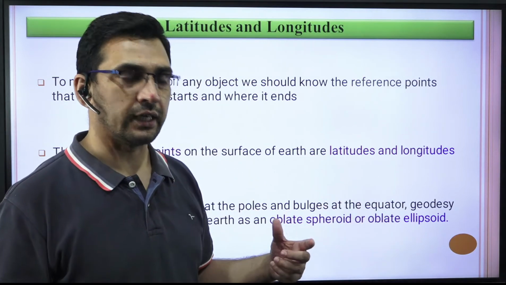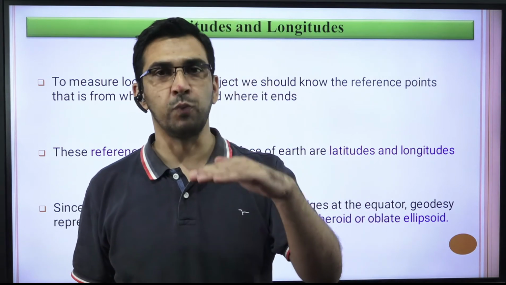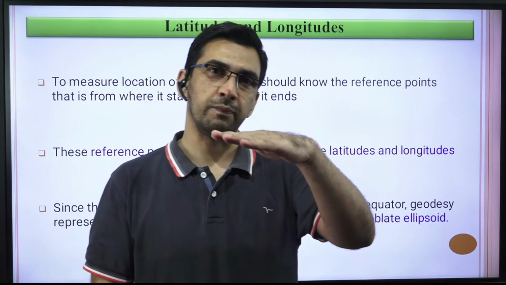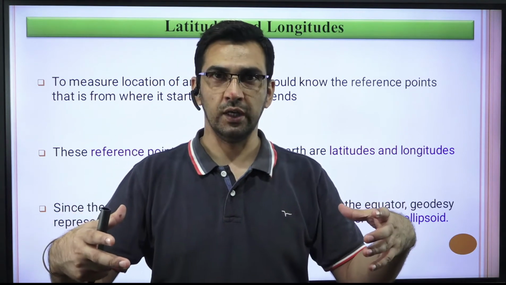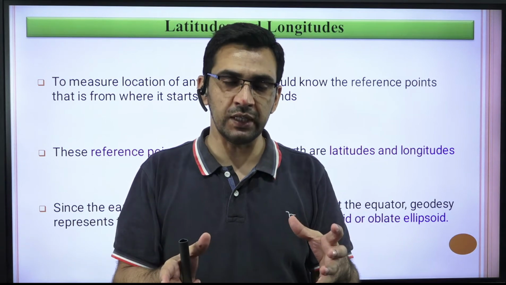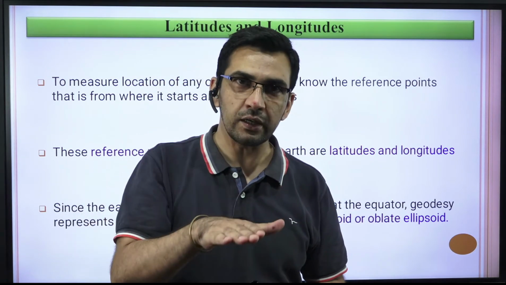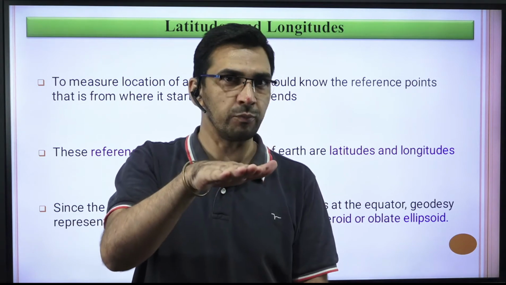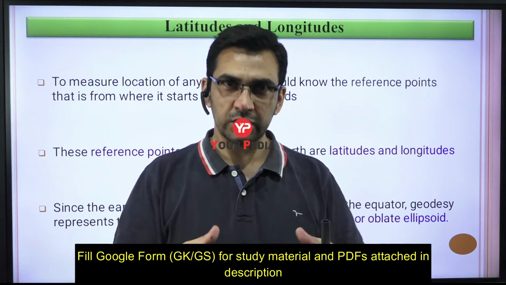The meaning of this is that, for example, the earth is slightly flattened at the poles, and it is bulging out at the equator. So it is not exactly a sphere. It is something like a volleyball or football, and if you press it, it will get flattened from the top and bottom, but from the middle it will bulge out slightly.